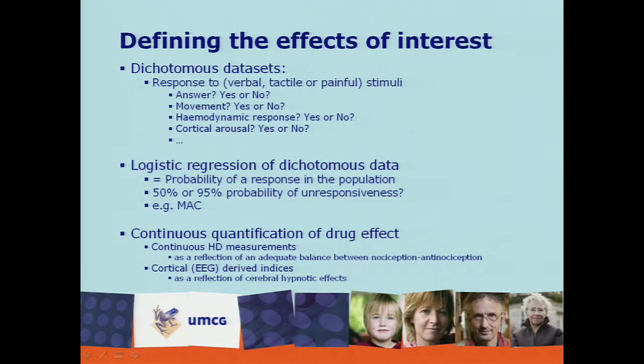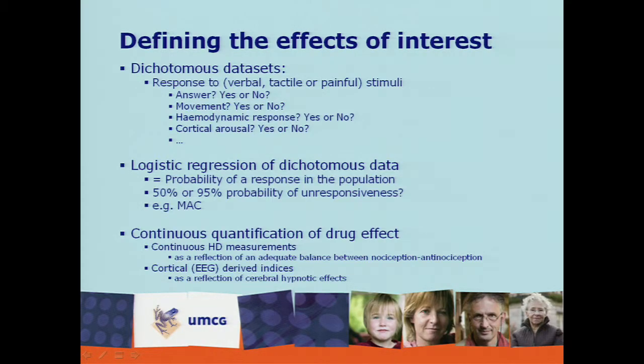It might also be movement, it might also be a hemodynamic response as a result of a painful stimulus, cortical arousal, or other things. You could do a logistic regression of these dichotomous data, which gives you then the answer to the probability of a response in the population. For example, 50%, and much more interesting for anesthesiologists, 95% or even 99% of the population will not respond to a certain stimulus at a specific combination of concentrations of two or more drugs. For example, the MAC is one of these examples.